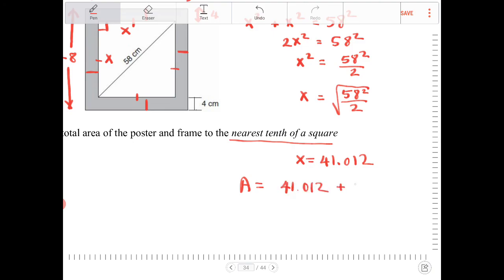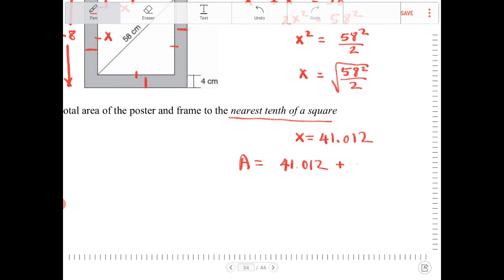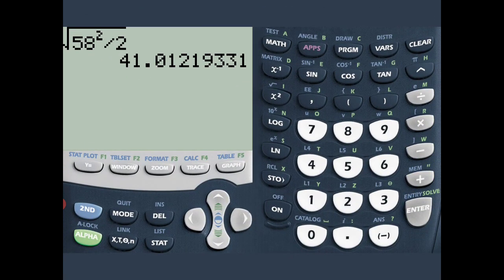And the area that we're looking for will be 41.012 plus 8, and then we're going to have to square that. So let's punch that into the calculator. That's our x, I'm going to add 8, and then square it.